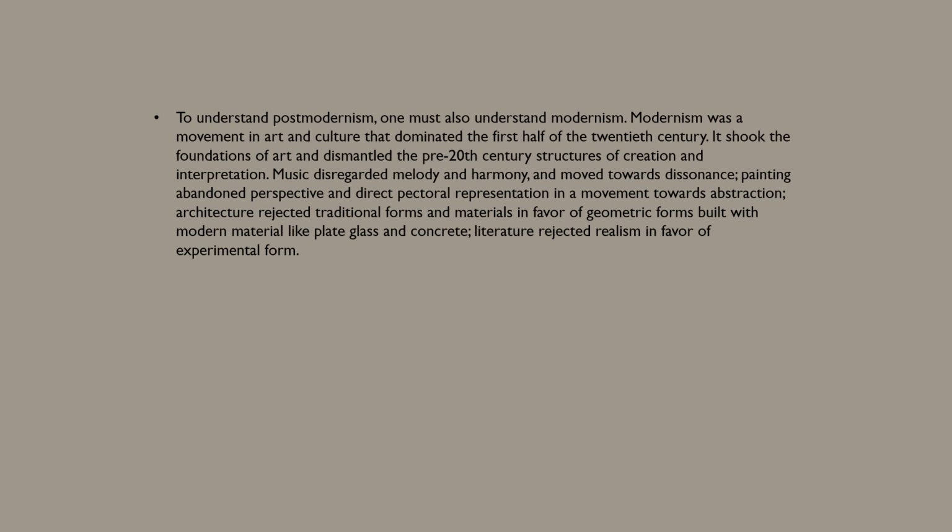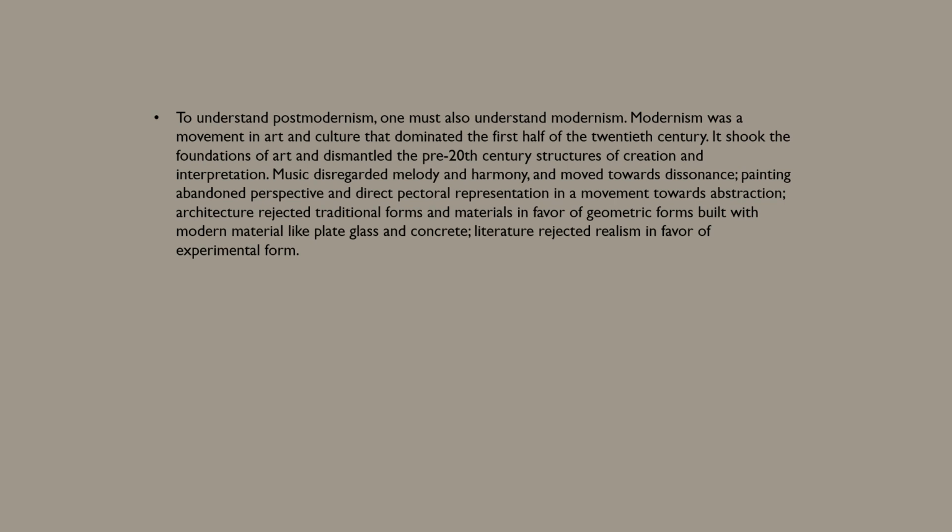Modernism was a movement in art and culture that dominated the first half of the 20th century. It shook the foundations of art and dismantled the pre-20th century structures of creation and interpretation. Music disregarded melody and harmony and moved towards dissonance. Painting abandoned perspective and direct pictorial representation in movement towards abstraction.